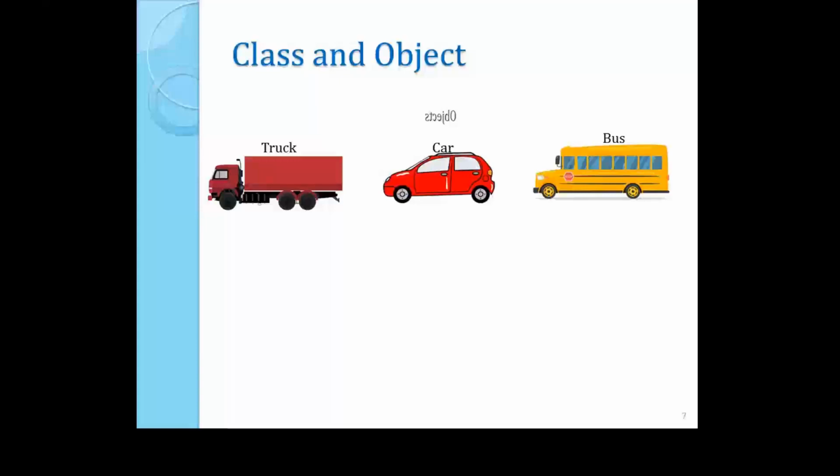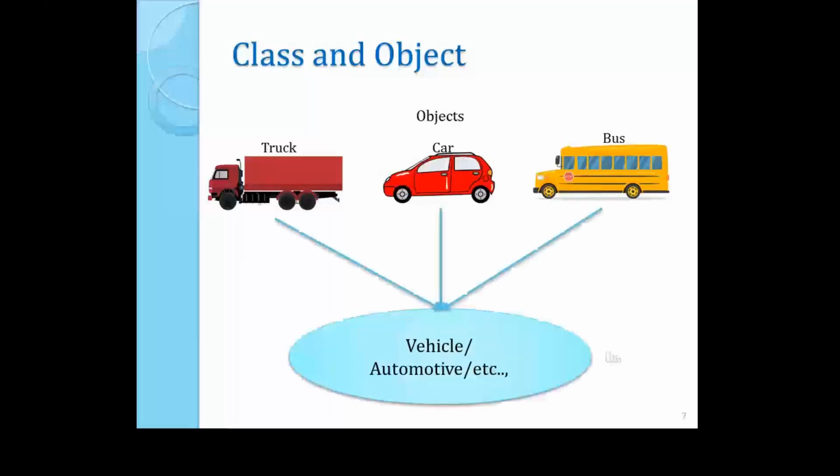So these three objects are grouped together to form something called a vehicle, or I can also say automotive. Any name you can give. Such a grouping is called what? Class. So car, truck, bus will have common properties and common functions inside them.